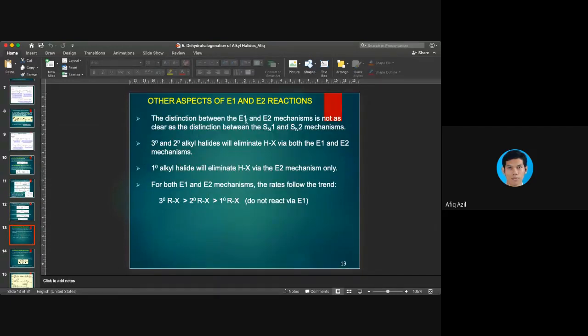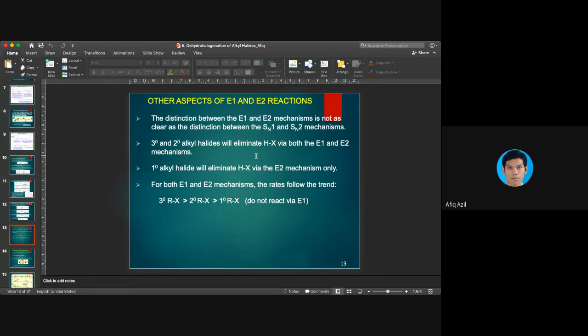Okay, other aspects of E1 and E2 reaction mechanism. So the distinction between E1 and E2 mechanism is not as clear as SN1, SN2 because sometimes tertiary and secondary alkyl halides will eliminate HX from both mechanisms. Okay, in real reactions, sometimes both mechanisms occur in the same reaction.